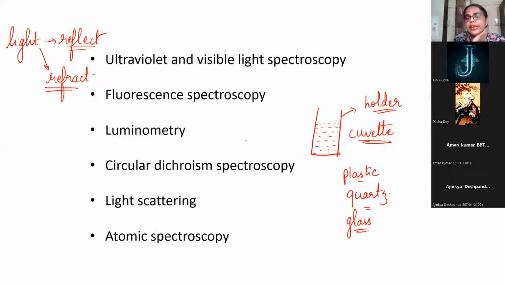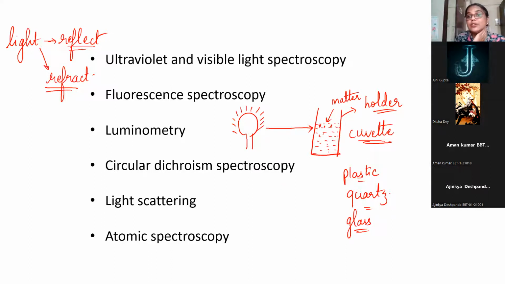So, very, very simple, basic idea is you have a source of light. This source of light is going to pass through your sample. Okay, now light falls. What is this all? Nothing but matter. So light is going to fall. There are going to be some particles here. Light is going to fall on the matter. Because of the light falling on the matter, there are going to be certain changes.